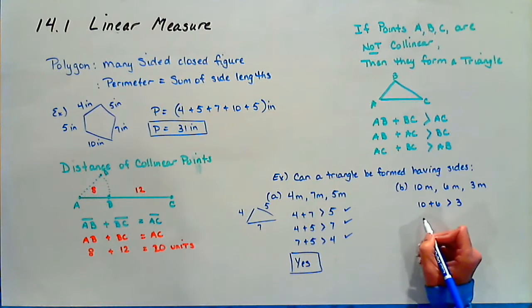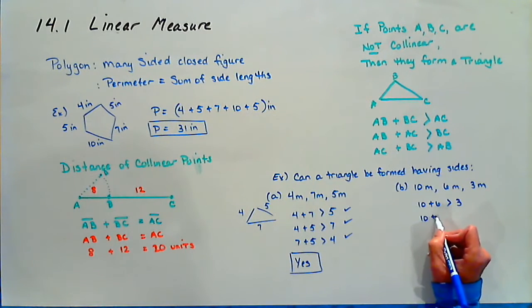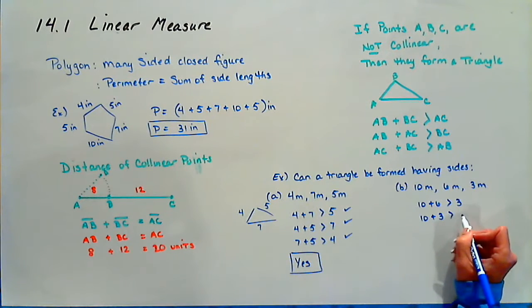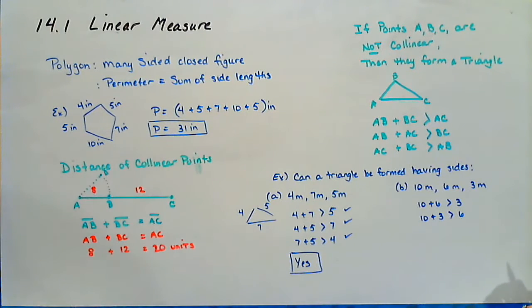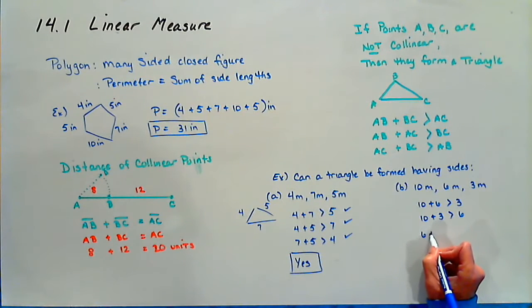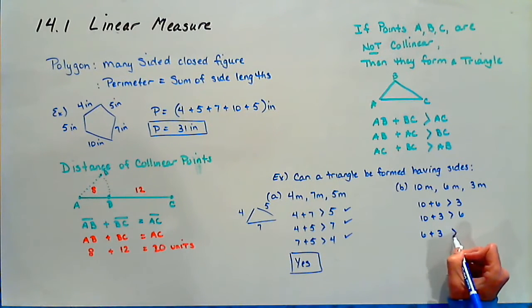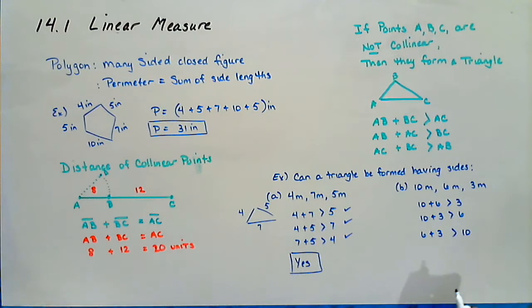Yes, it is. I could take 10 meters and 3 meters. Sure enough, it's greater than the third side of 6 meters. But if I take 6 meters and 3 meters, is it greater than the third side of 10 meters? And the answer is clearly no. 9 is not greater than 10. Therefore, a triangle cannot be formed using those three lengths.